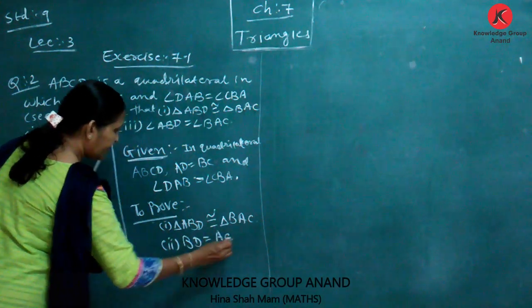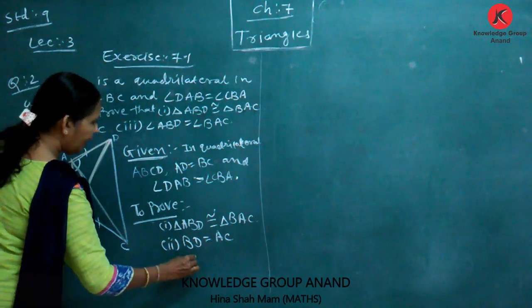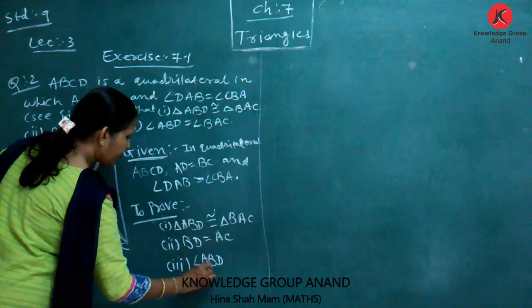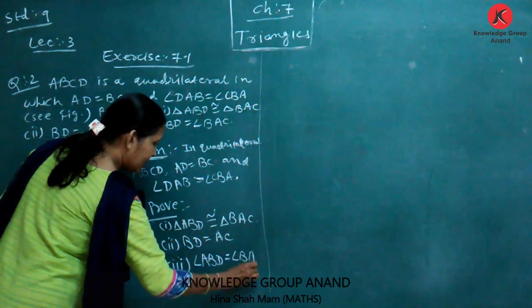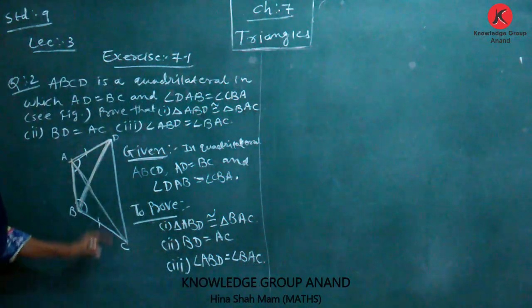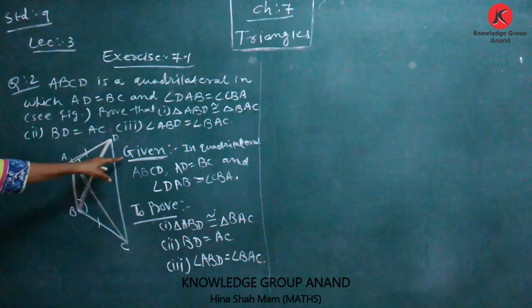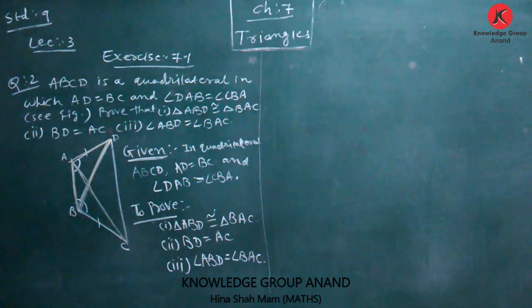And number 3, angle ABD equals angle BAC. From the start we write the given part and what to prove. Now the proof.